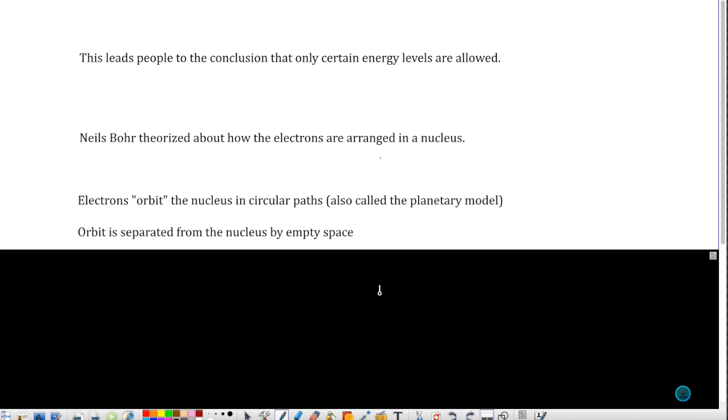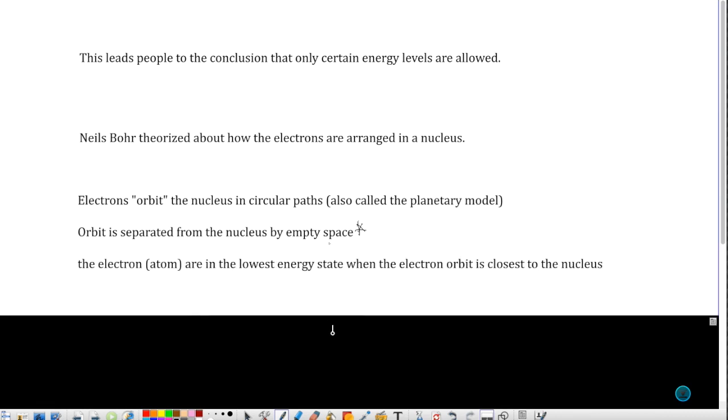So this is sort of, I'm going to put an asterisk on this. Niels Bohr couldn't explain why there were only certain energy levels allowed, but he does take it into account in his model. He says the orbit is separated from the nucleus by empty space, things aren't allowed there. He doesn't know why, but it's part of the model.